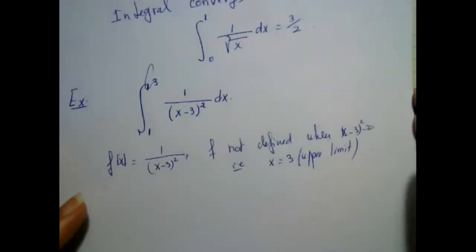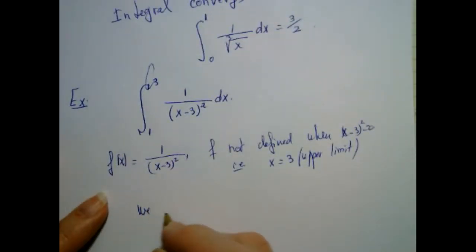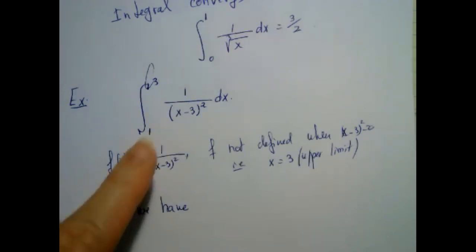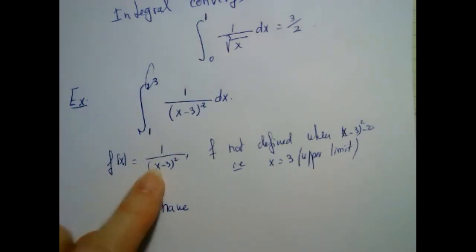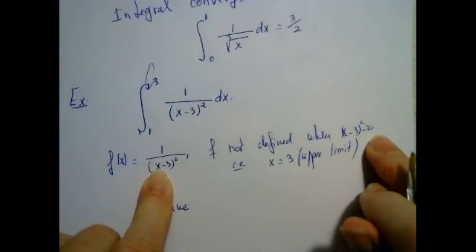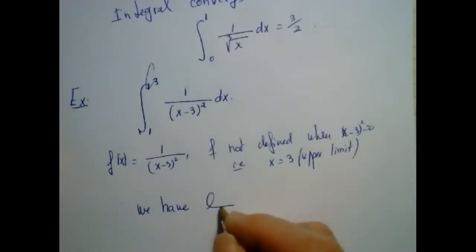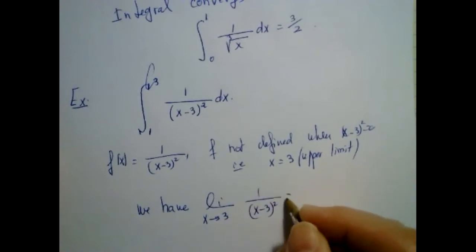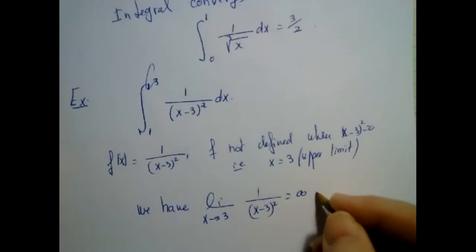So basically we always look at the function, we look at its denominator. What causes a function to blow up is when the denominator becomes close to 0. And here the denominator becomes close to 0 when x is equal to 3. We have that the limit as x becomes close to 3 of the function is equal to infinity.